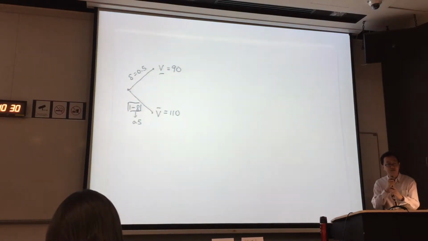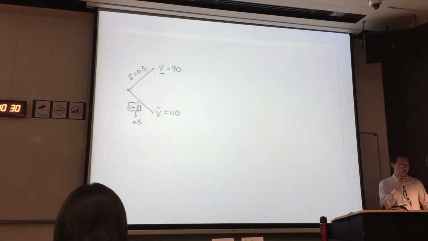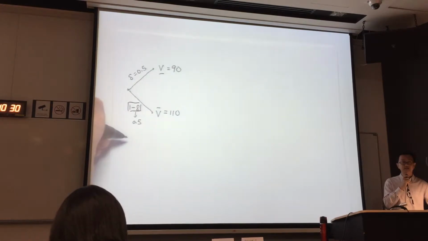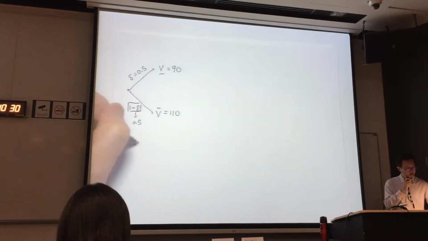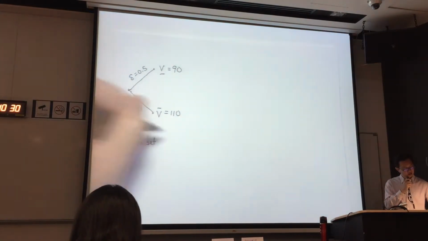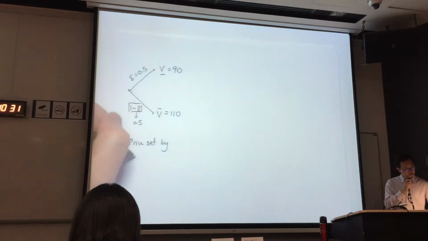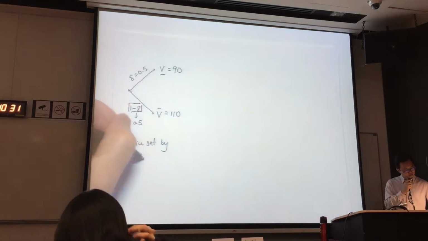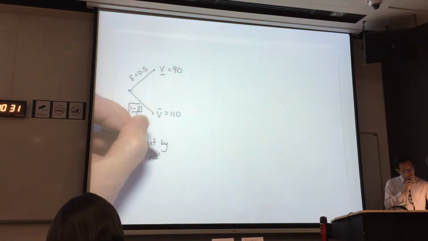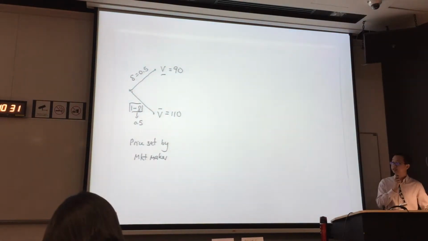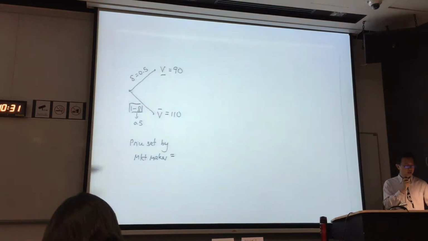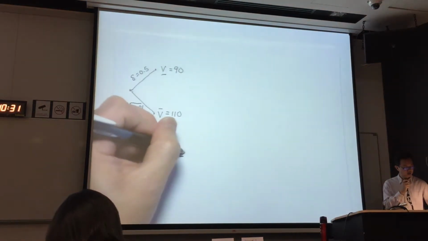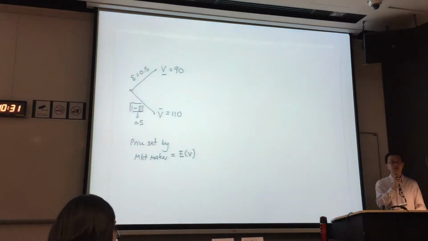Without the other information given, what is the price set by the market maker? This must be equal to the expected value of the asset. What do we mean by expected value?